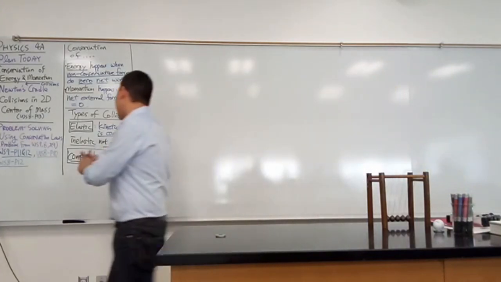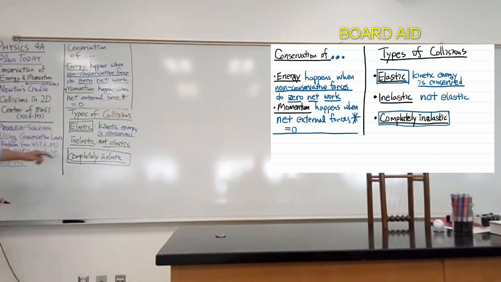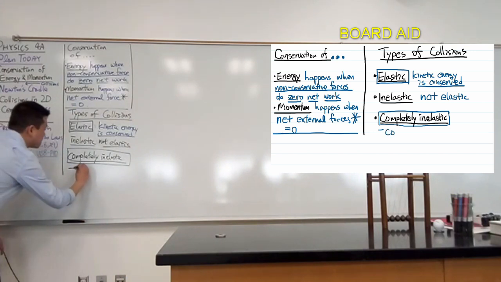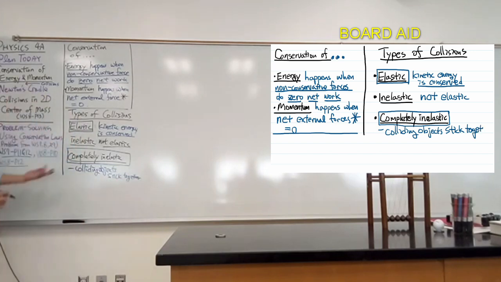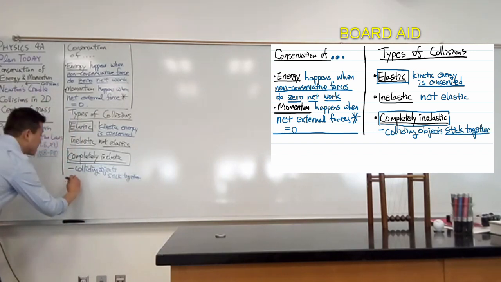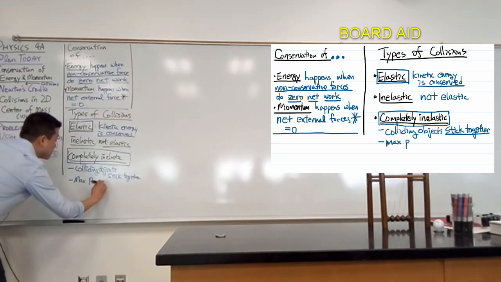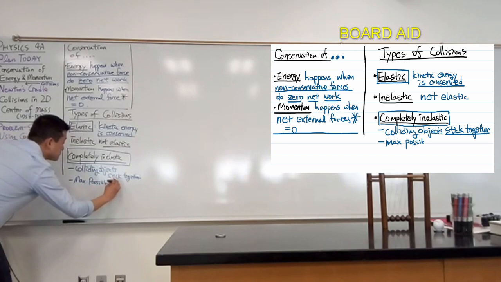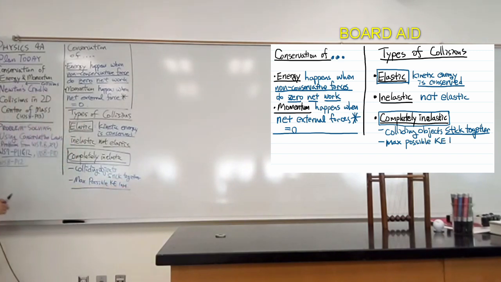I might even use this as the definition of completely inelastic collision, that colliding objects stick together. And one of the properties that's useful to know is that in a completely inelastic collision, the maximum possible kinetic energy is lost. In general, not all the kinetic energy, but the maximum that you could lose while conserving momentum will be lost.